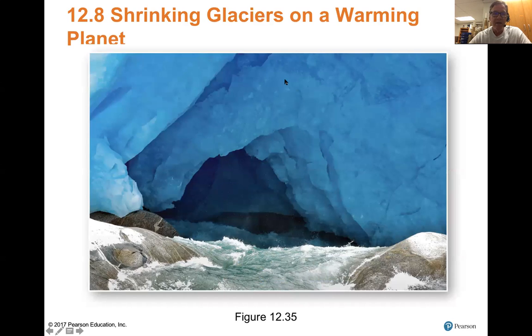And so you melt the ice, the ice turns to water and flows into oceans, and that will increase the volume of ocean water and contribute to sea level rise. But remember, water stores massive amounts of heat energy, so the more water, the more ability the oceans have to hold heat.